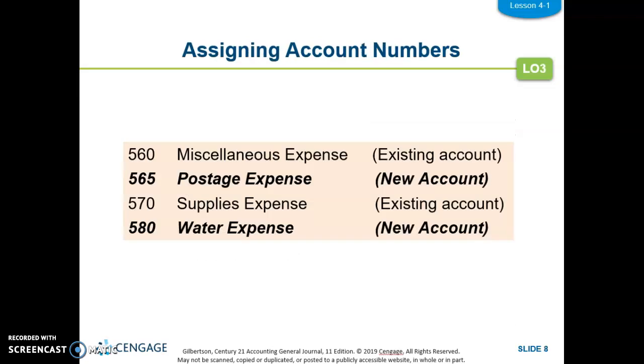So an example for assigning new account numbers: miscellaneous expense is our existing account at 560. If we had a postage expense, we could put that in between miscellaneous expense and supplies expense by assigning it number 565. And if we had a new account that was, say, water expense, that's at the end of the alphabet, we would assign that a number by the 10 digits, since we had room for that there at the end.